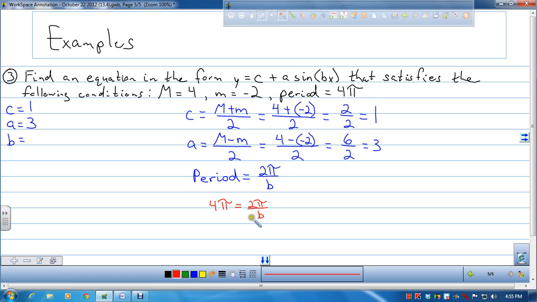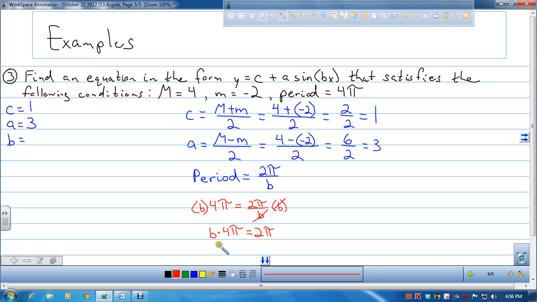If I want to solve for b here, I can't keep b in the denominator. So I've got to get it into the numerator. And how am I going to do that? I'm going to multiply both sides by b. Then it's gone over here, right? And now I've got b times 4 pi, and that's equal to 2 pi.